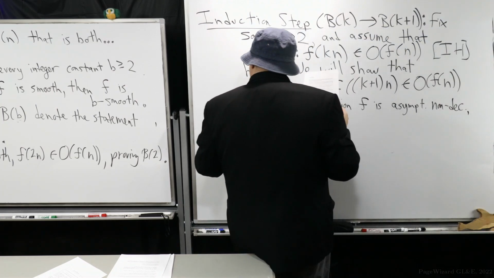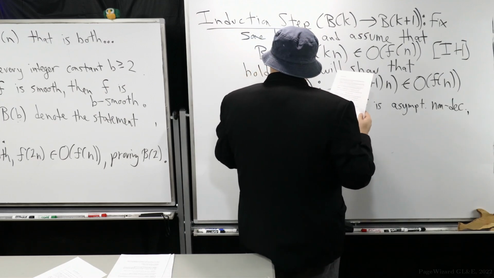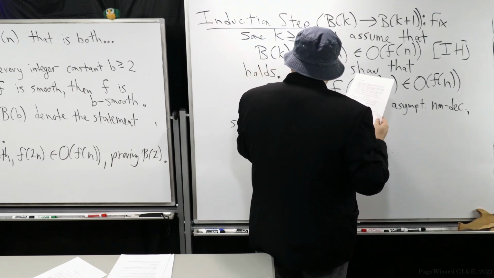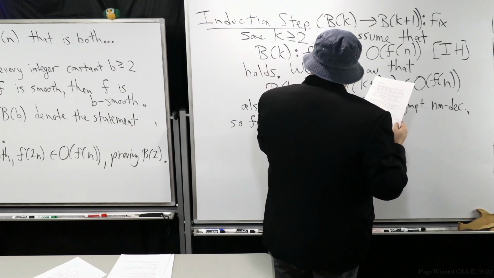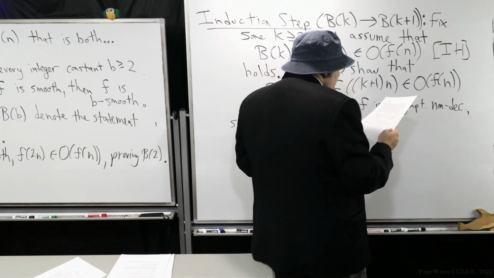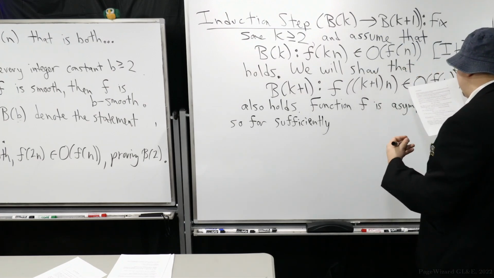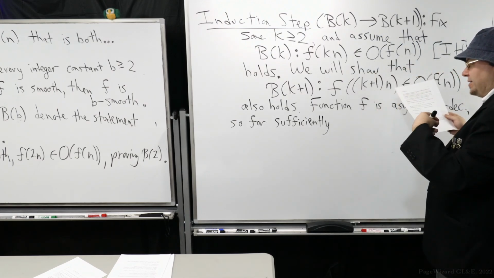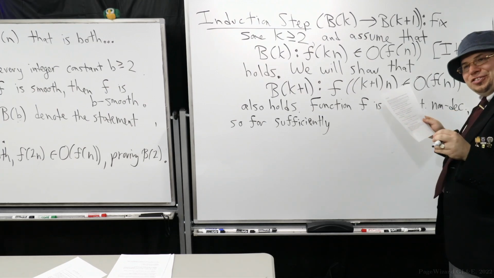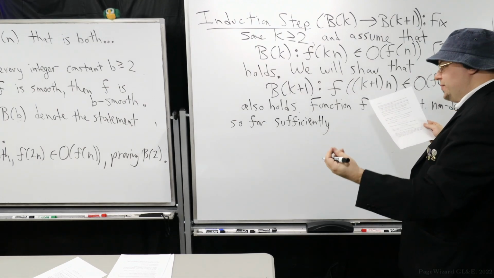So for sufficiently large n, and I must stress that you could give this a name. I'm not going to here, I'm just going to use it in the appropriate way so that I'm just trying to make this a little easier for us, so we don't have to make more names for variables.